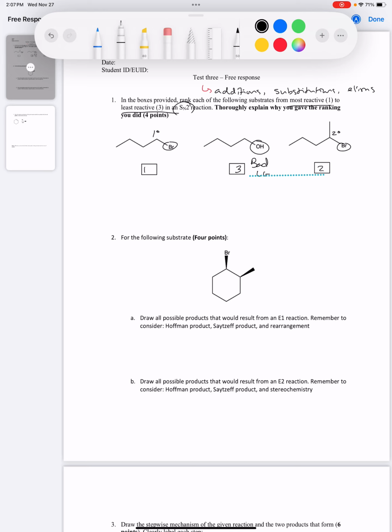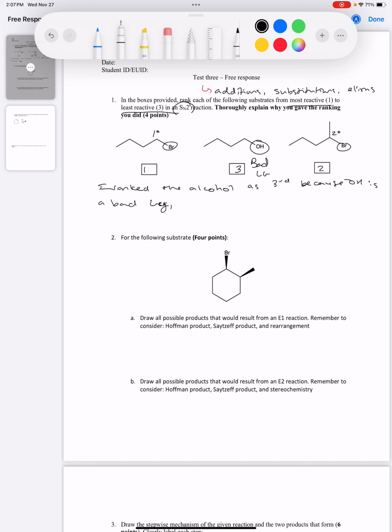So if I was explaining this, I think I would say I ranked the alcohol as third because OH minus is a bad leaving group. I'm just going to write LG.